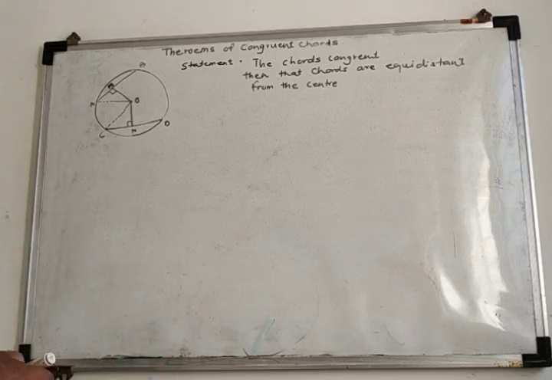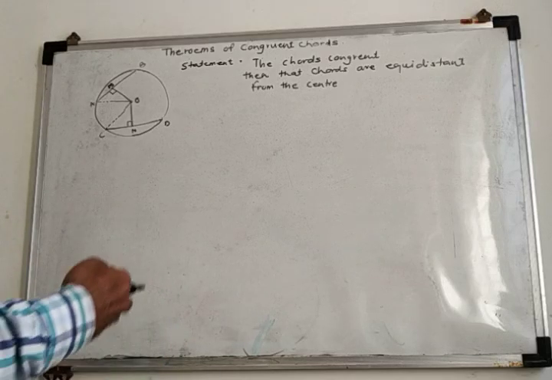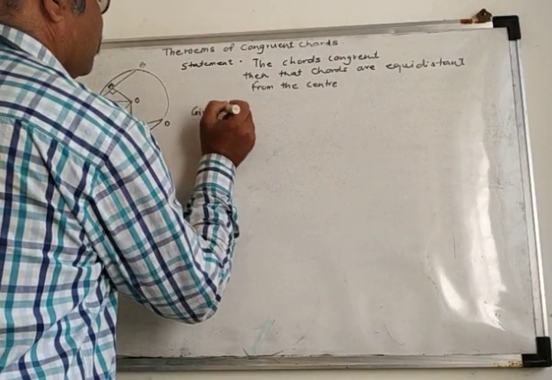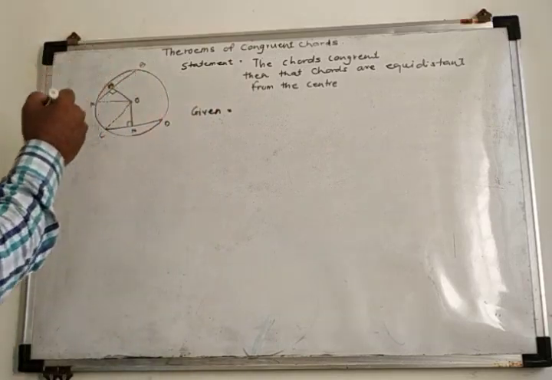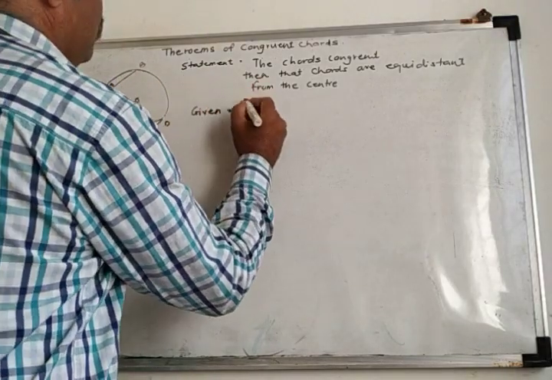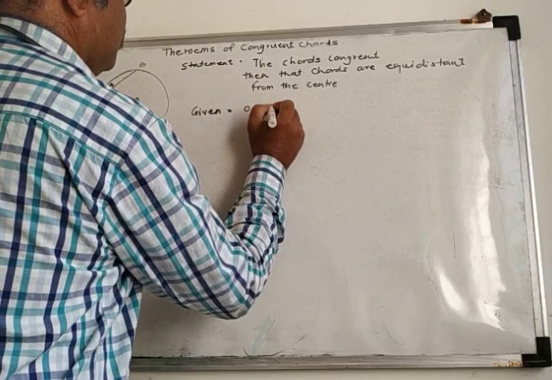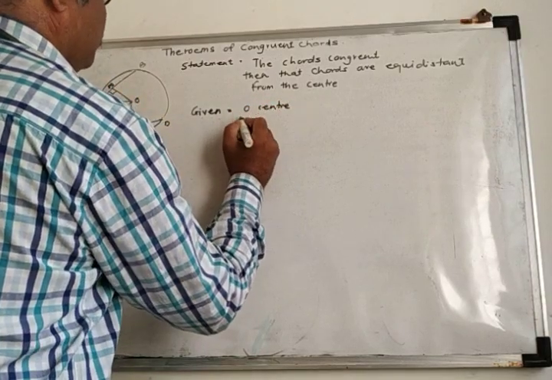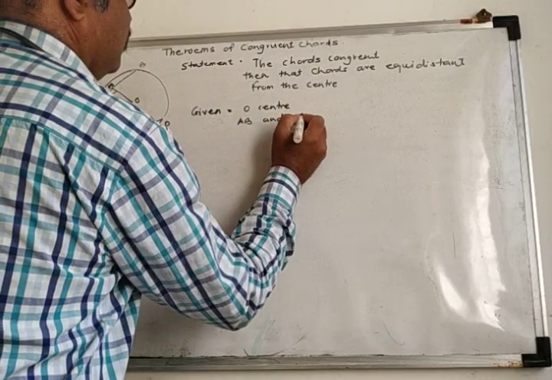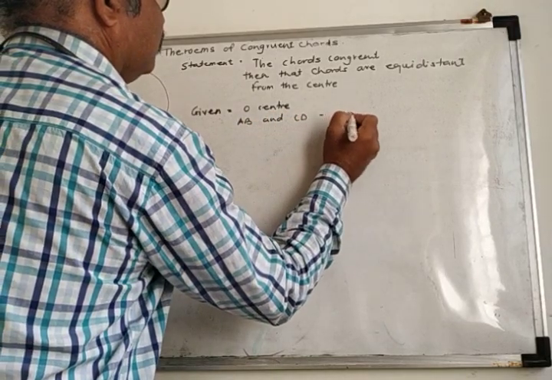The rule of the theorem is that we have to write the given. Whatever we draw in the diagram is nothing but the given. So O is the center of the circle, and AB and CD are two chords, and they are congruent.